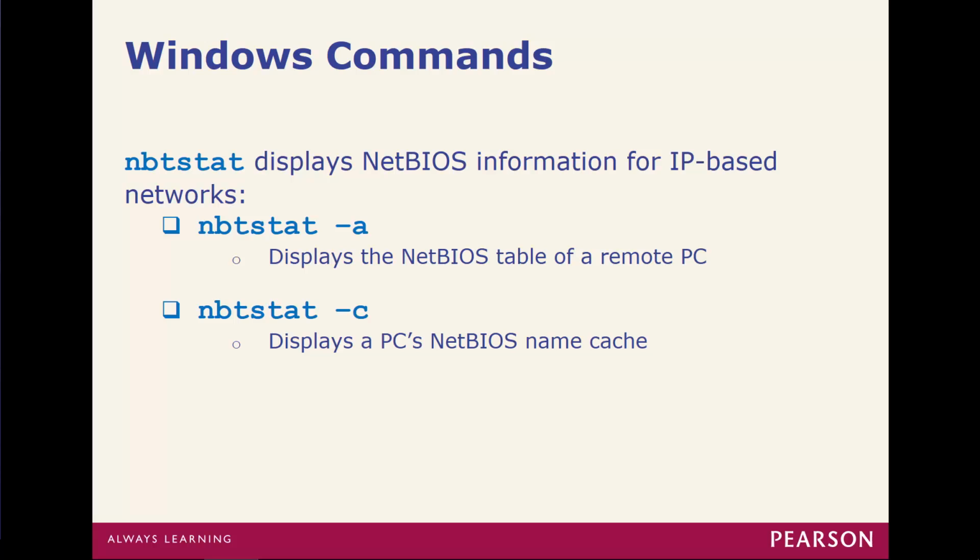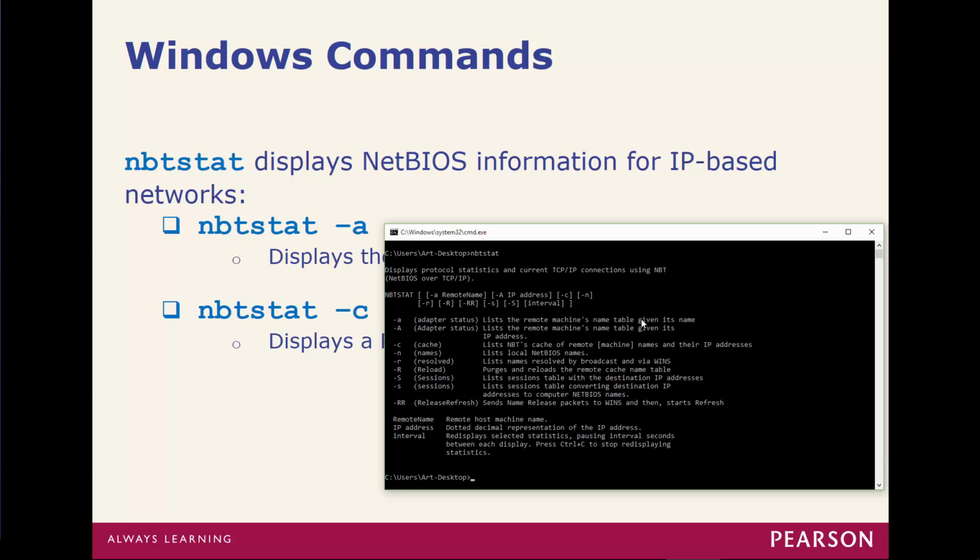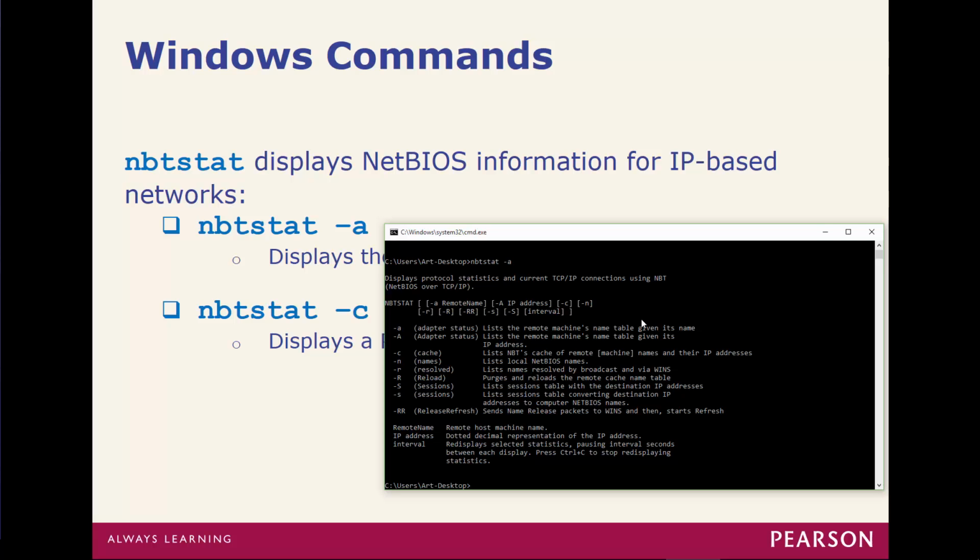What about the nbtstat? This is one that's not so common anymore. You need to make sure that you do the appropriate switches. Notice this one has both uppercase and lowercase. So let's do lowercase a. It did not like that whatsoever. What about capital A?